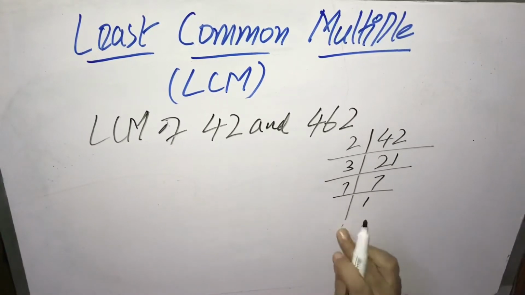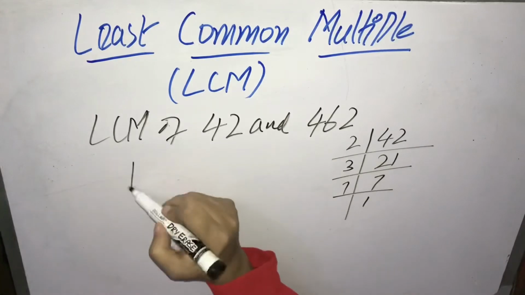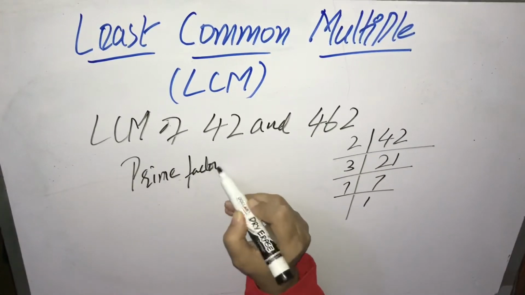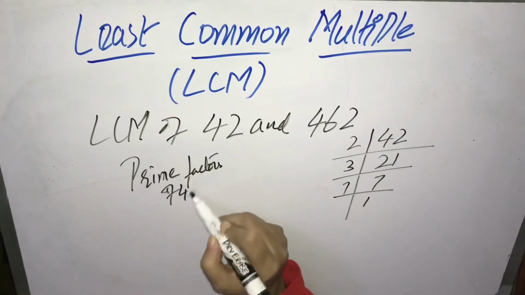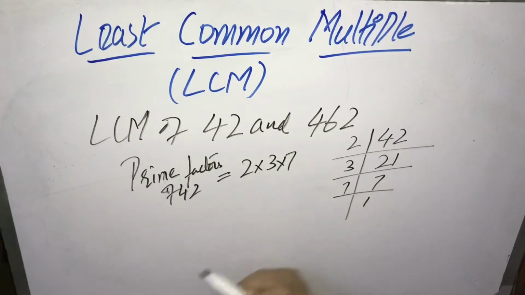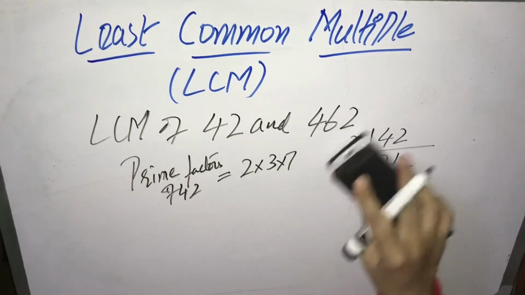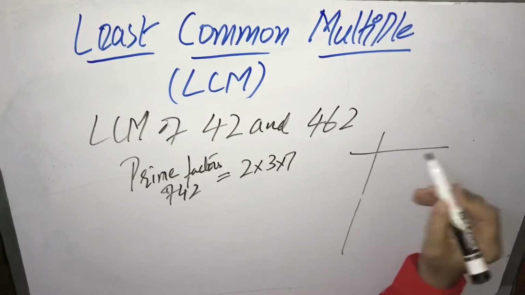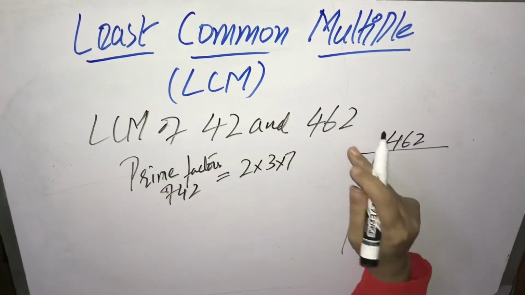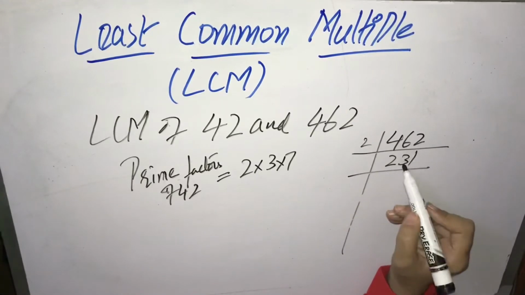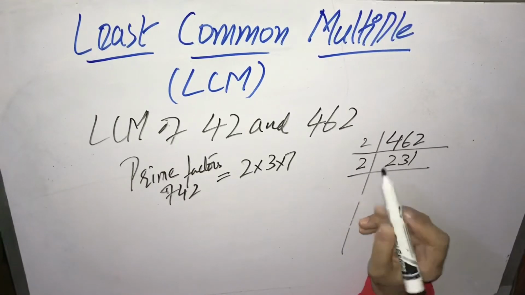If I make their separate ladders, I shall have the ladder of 42: 2 21s are 42, 3 7s are 21, 7 1s are 7. I shall write prime factors of 42 equals 2 cross 3 cross 7. And prime factors of 462: 2 2 3 1s are 462, 2 3s are 6, 2 1s are 2, not with 2.